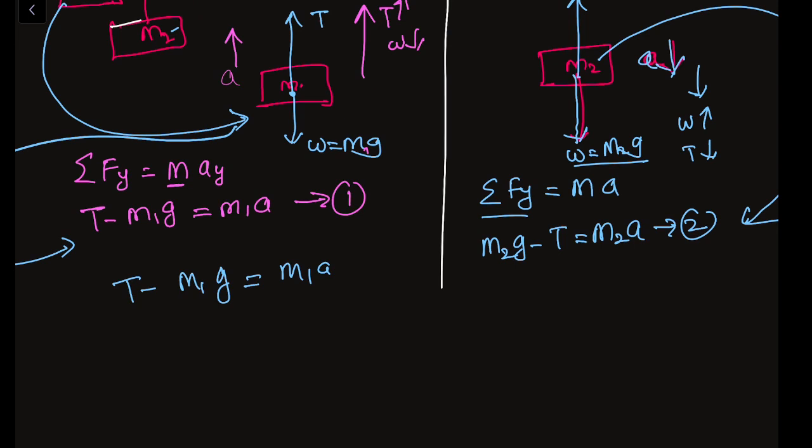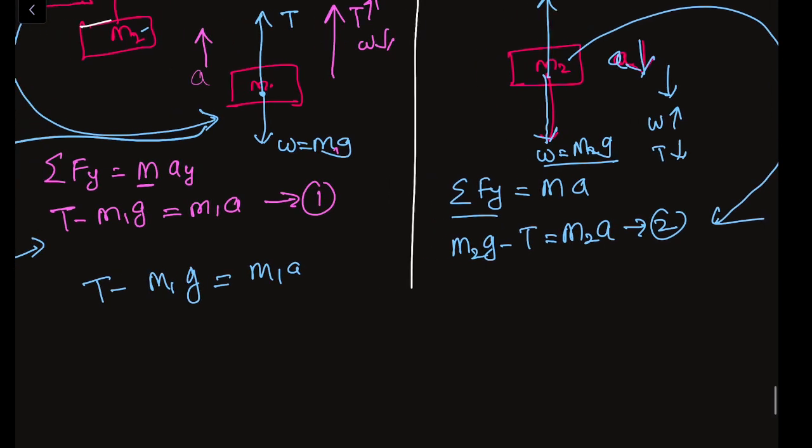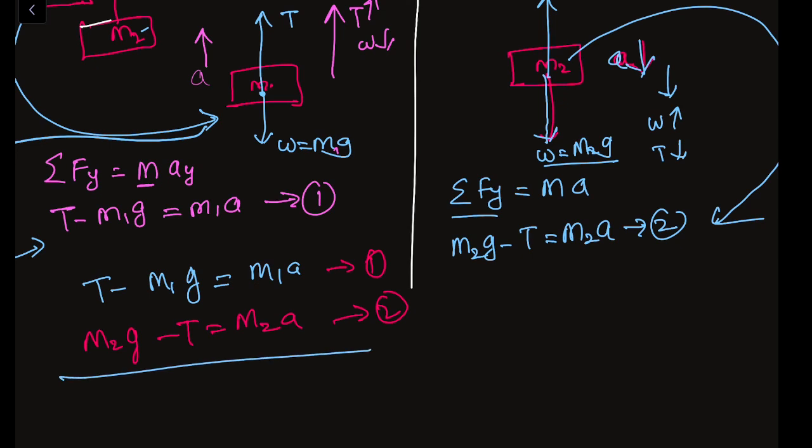Next, the second equation, m2g minus T is equal to m2a. Equation 1, equation 2 we know. By adding, here plus T, here minus T gets cancelled.